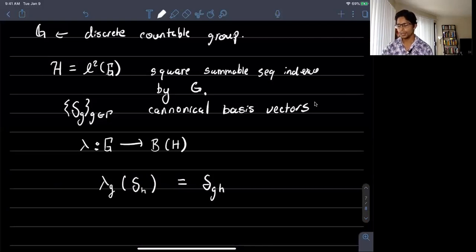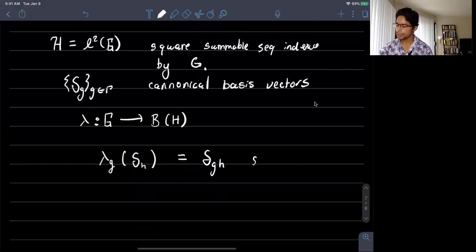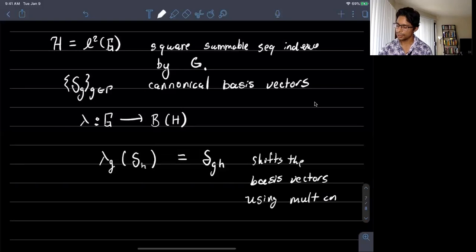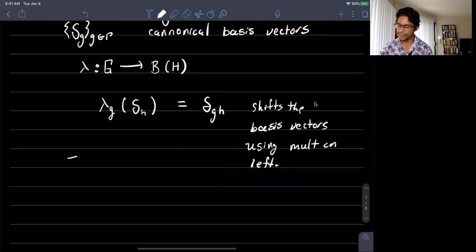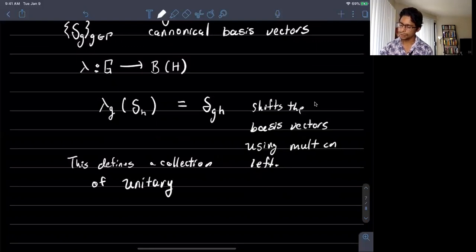So in particular, it just shifts the basis vectors using the multiplication on the left. And so this defines a collection of unitary operators.